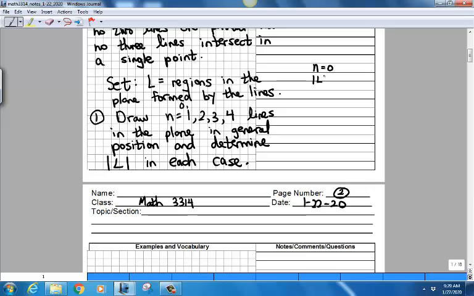We'll make a little table here. So I already filled that one in.